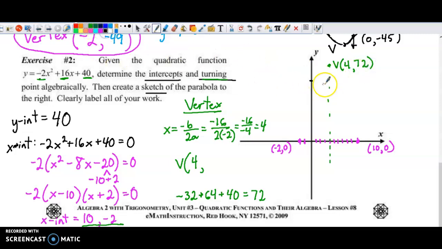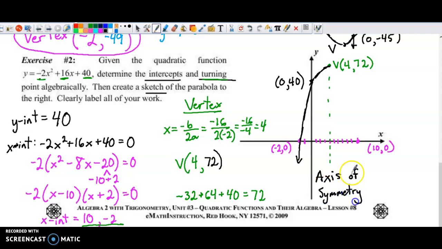And here's one more thing. Remember I called this (0, 40), where it crosses the y-axis. All of my quadratics cross this axis of symmetry. Oops, I forgot to write 72 down. There we go. This is called the axis of symmetry, this x equals 4.